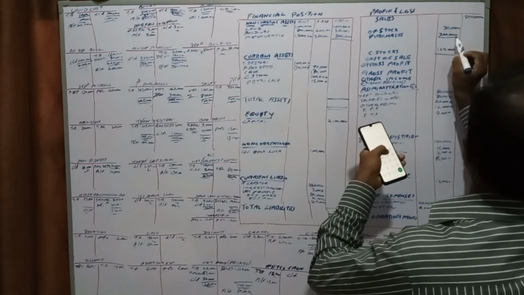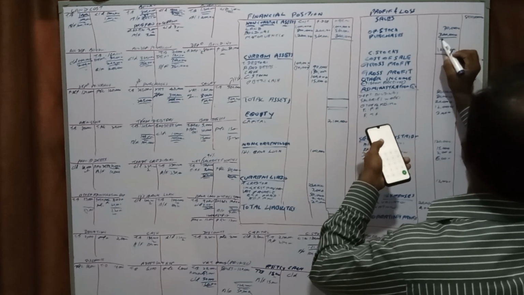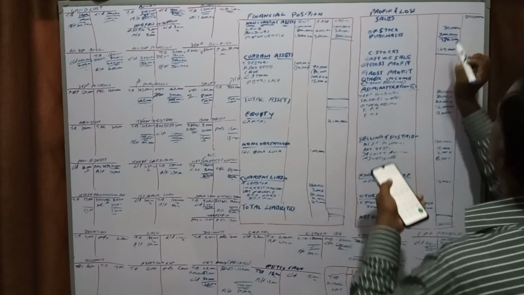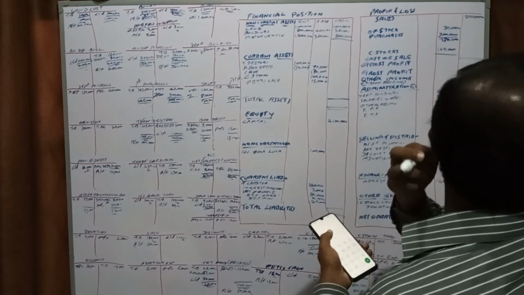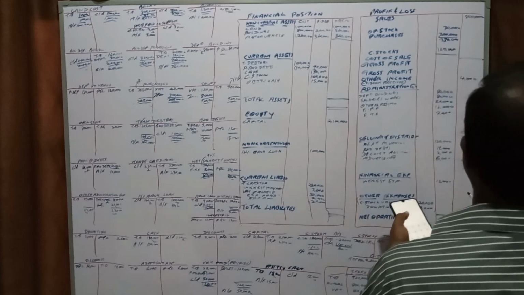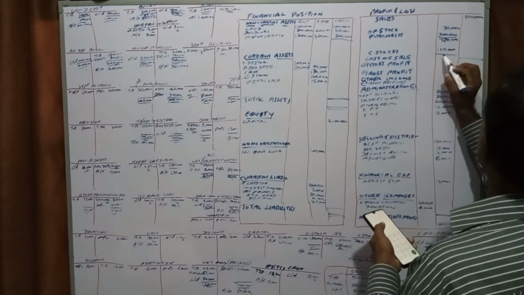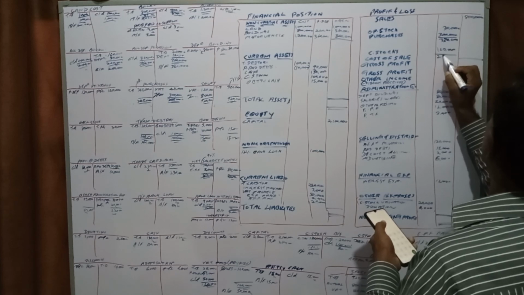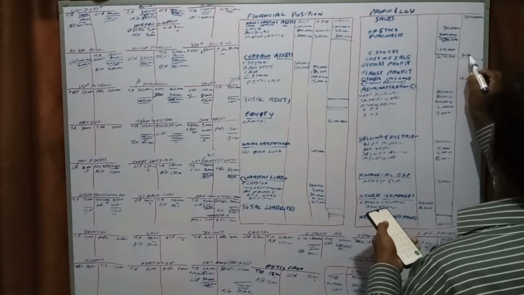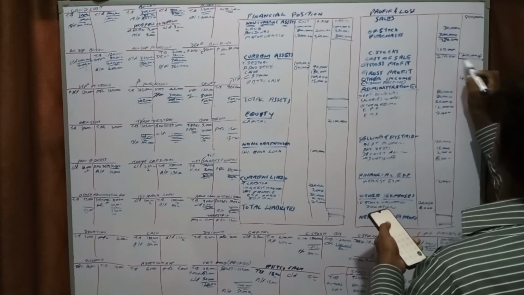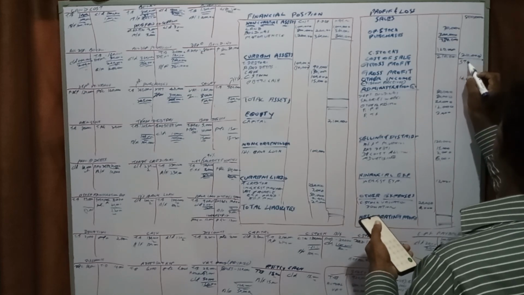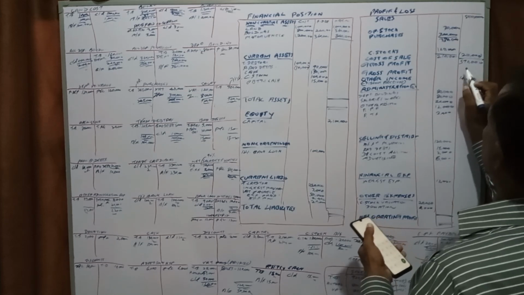This one is 330,000 minus 120,000, it is equal to 210,000, right? 210 means 590,000 is the profit.